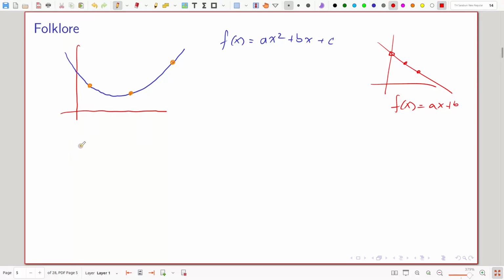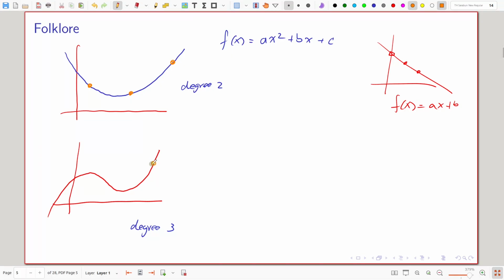This is a polynomial of degree 2. A polynomial of degree 3 would look like this, maybe that. Now, this is folklore; we prove that later. But if you know 4 points on a polynomial of degree 3, you can recover it exactly.